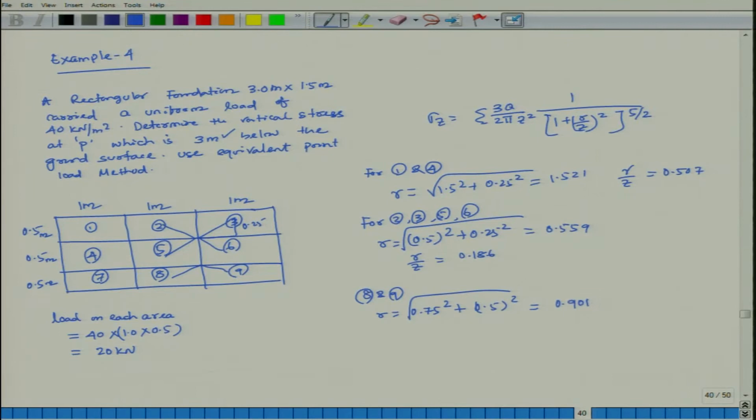I forgot to tell, this is the point P, with respect to which the stress increase has to be found out.